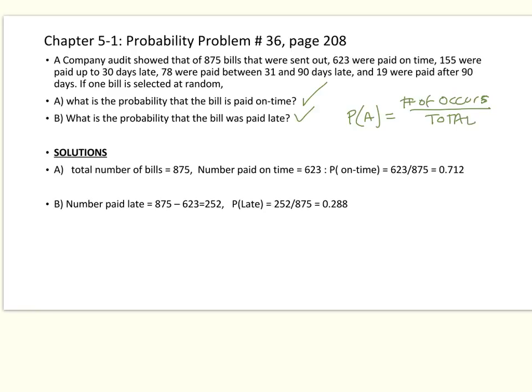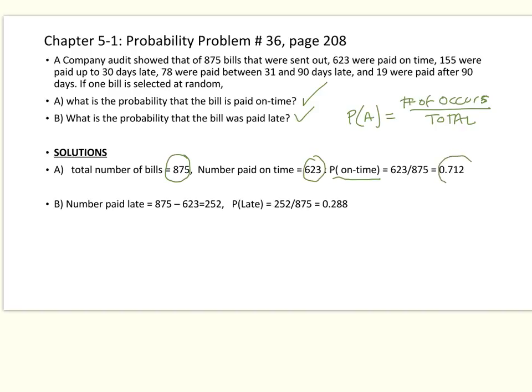And so in this case, the total number of bills for Part A was 875. The number that were paid on time is 623. So the probability on time is just the ratio of 623 over 875.